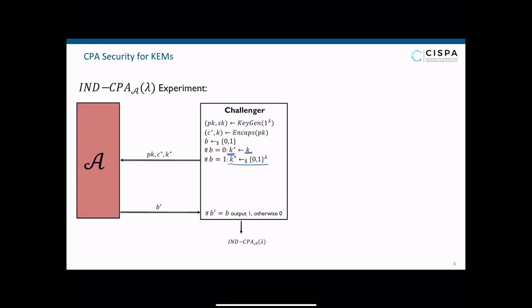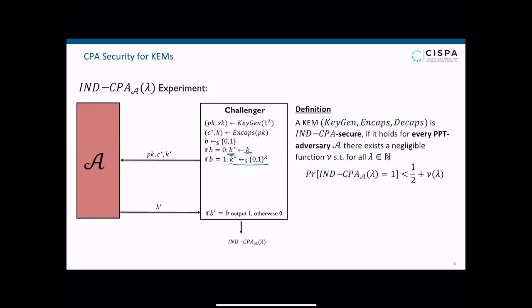Again, this is just an assigned meaning. This is not the natural meaning of the word encapsulate, which is just another word for wrapping something up in something. In crypto speak, encapsulate just means generating or sampling a ciphertext together with a random message it encrypts. This is really just an assigned meaning.